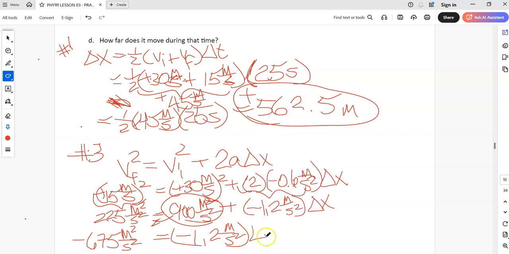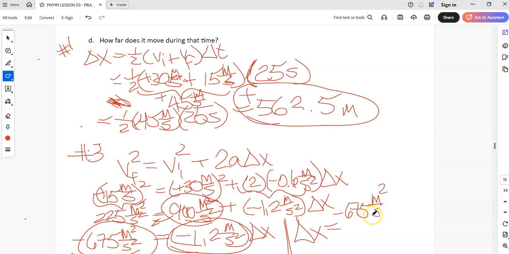And that is equal to negative 1.2 meters per second squared times our unknown. So our unknown, delta x, is equal to this number divided by this number. That's negative 675 meters squared per second squared over negative 1.2 meters per second squared. And we're dividing units as well as numbers.